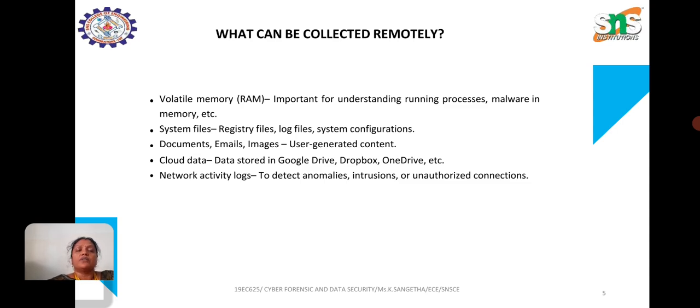We can also collect details from system files, that is registry files, log files, and even system configuration remotely, and documents like images, audio files, and video files, and cloud data stored in Google Drive, Dropbox, etc. Network activity logs are mainly used to detect intrusions.